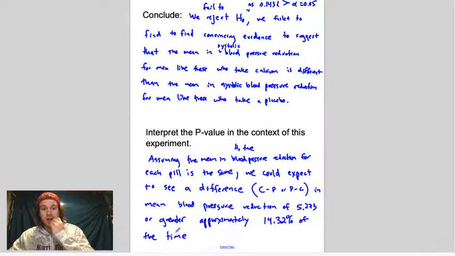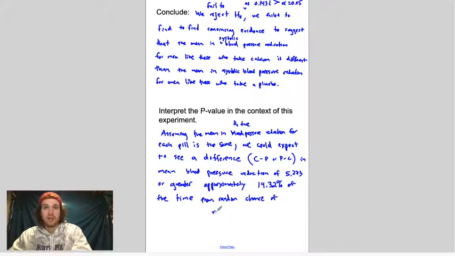From random chance of reassignment treatment.